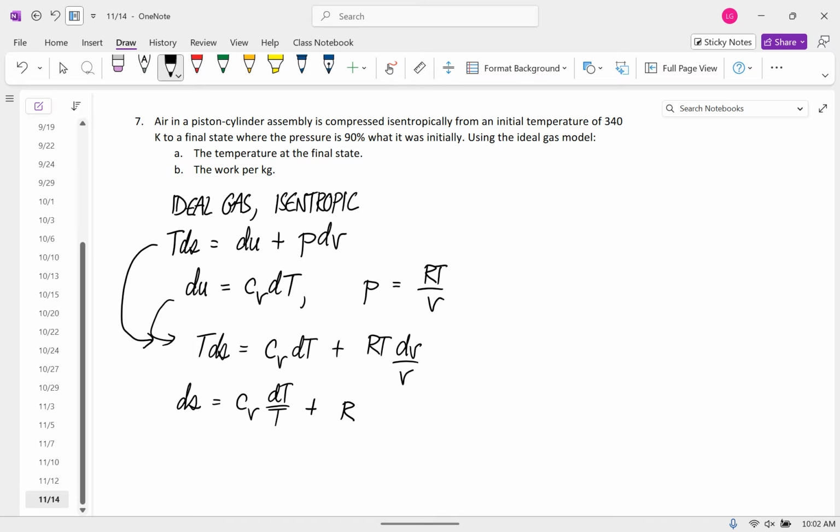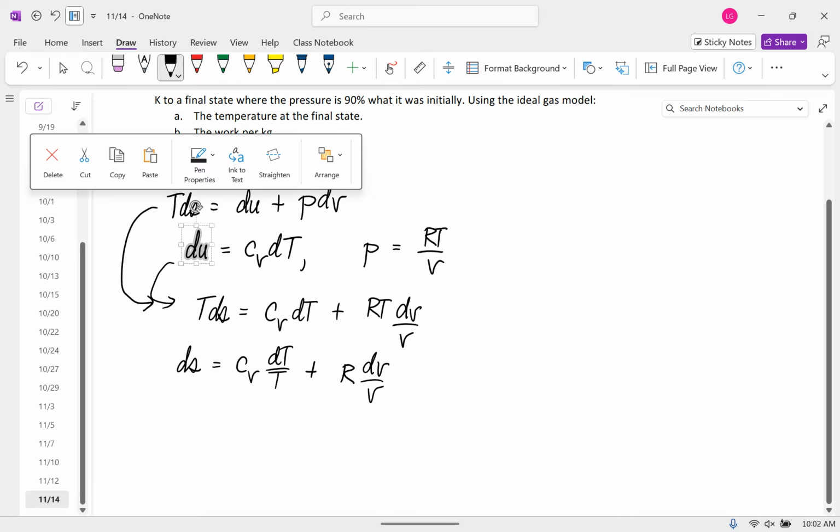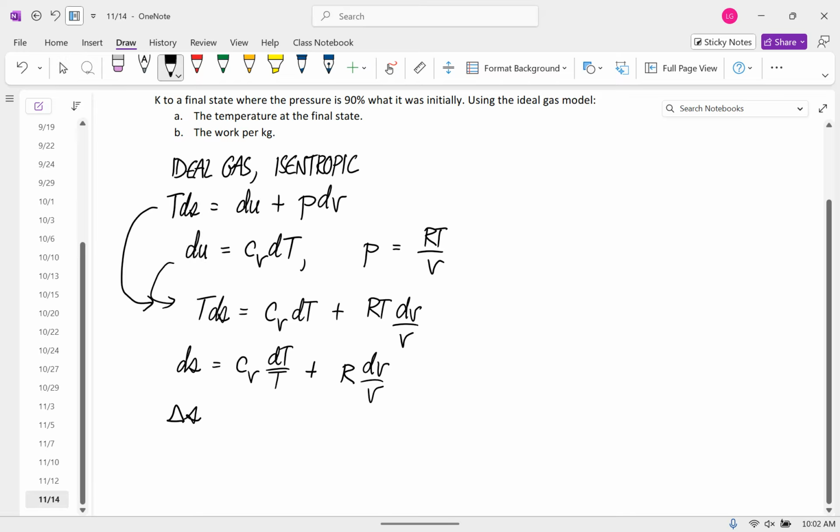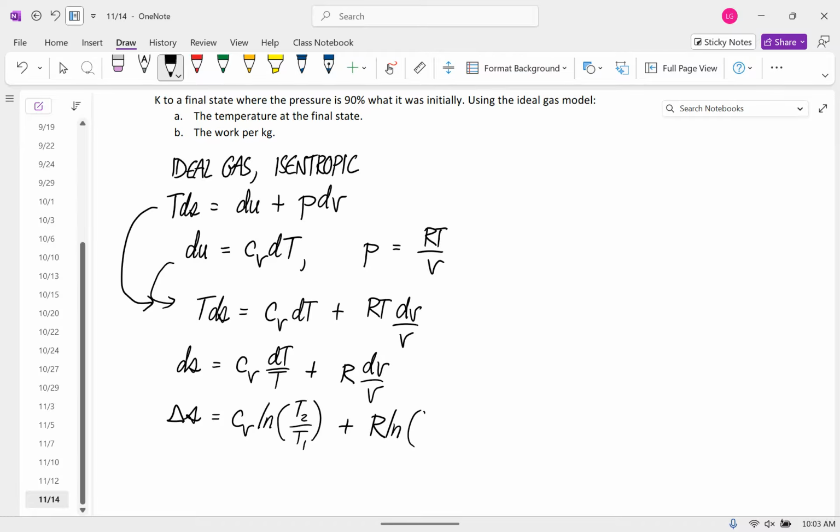Plus R dV over V. And so delta little s is equal to CV natural log of T2 over T1 plus R natural log of V2 over V1.